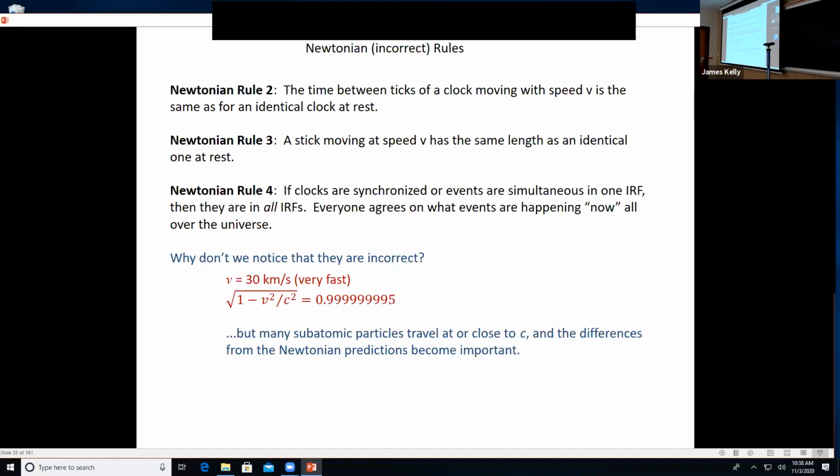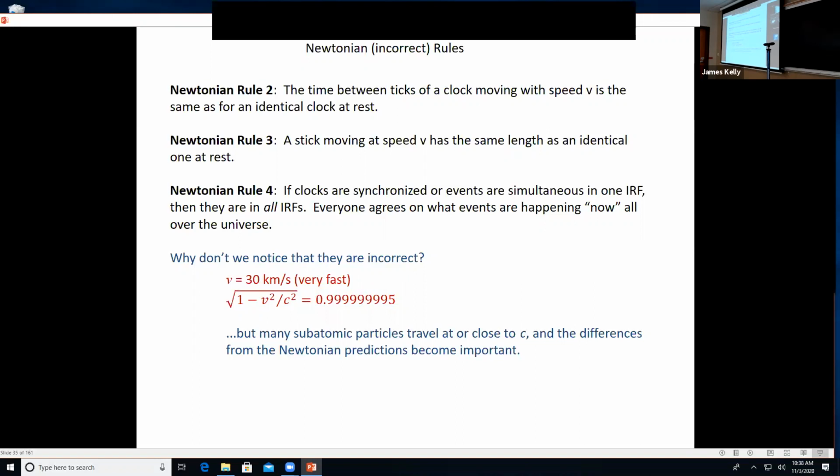And yet, if we calculate this length contraction factor, look how close it is to 1. The first non-9 digit after 0.9999 is, is it the 9th position after the decimal point? I'd have to count it up carefully. In any case, it's very close to 1. So this moving thing would be length contracted to this fraction of its original length. Well, that's essentially the original length. We're not going to notice that kind of thing.